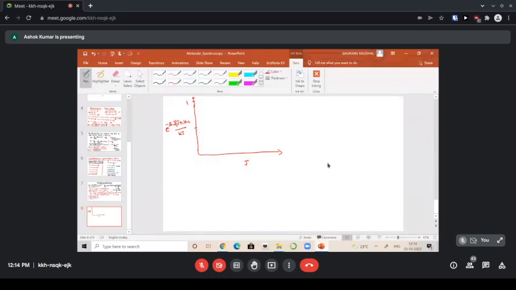So if you are given a value of B, for example 5 centimeter inverse, it will start from this maximum value.